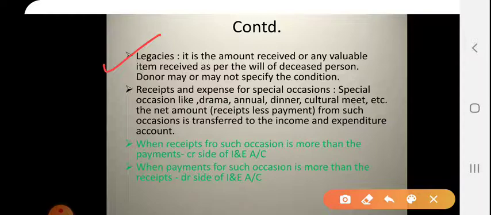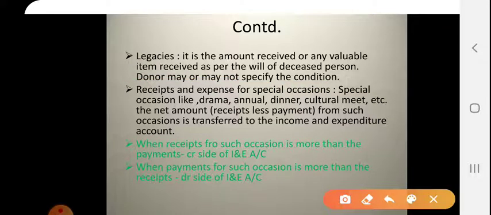Again, the purpose may be specified or may not be specified. If it is not specified, we will take it into income and expenditure, like general donation. And if the purpose is specified, we will show this amount in the liability side of the balance sheet, like specific donation.